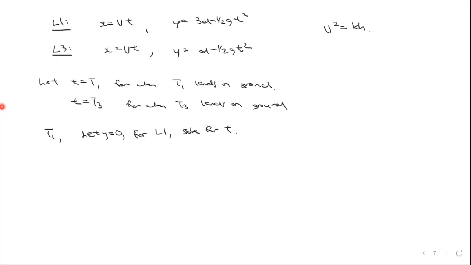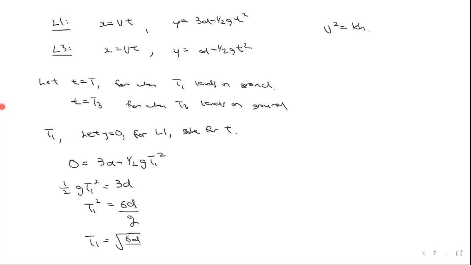So in other words, 0 must equal 3d minus a half g T1 squared. So half g T1 squared equals 3d, T1 squared equals 6d over g. So T1 must equal the square root of 6d over g. So we've worked out how long it takes for the droplet to hit the ground. And we can do something very similar for T3.